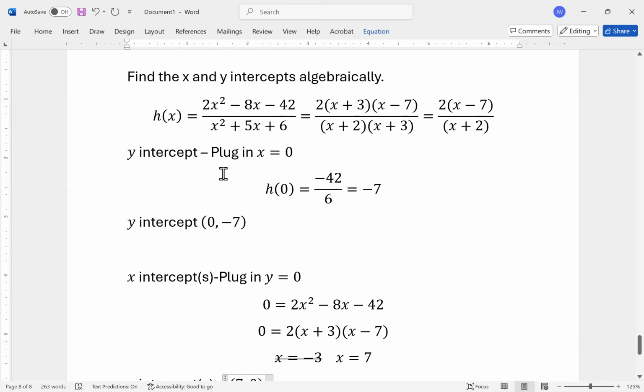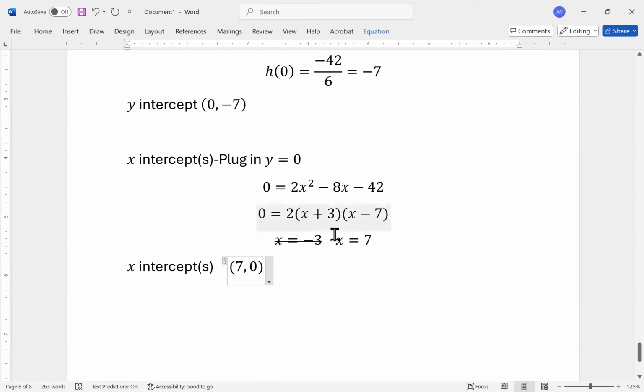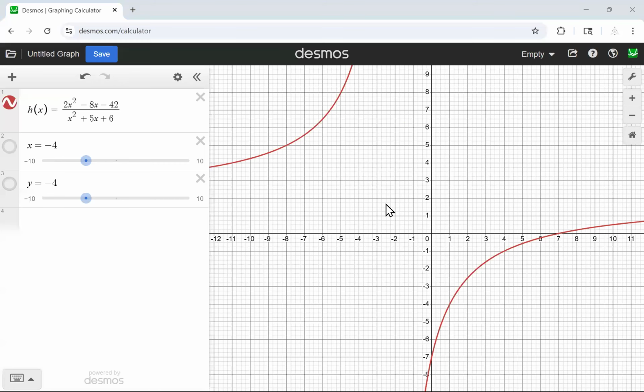Let's go ahead and graph that original rational function and see that (7, 0) was my only x-intercept. I have graphed it, and clearly this graph does not cross the x-axis at (-3, 0). That's because we had like factors that I had to cancel out. But you can see that it does cross the x-axis at the point (7, 0).